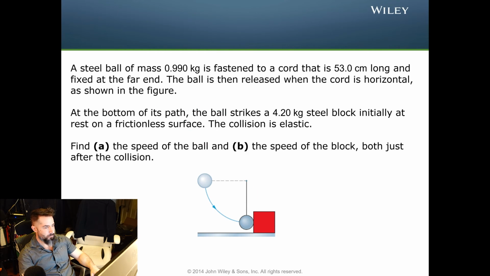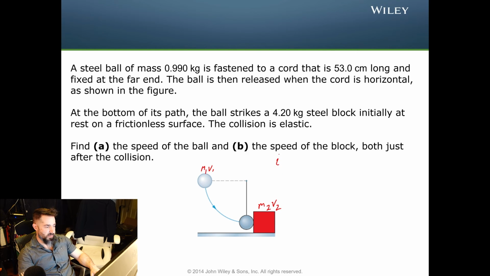If you try to do this problem at the bottom, the information you're given, you have some mass 1 here, and it's going to have some velocity 1. And this is going to have some mass 2 and some velocity 2.